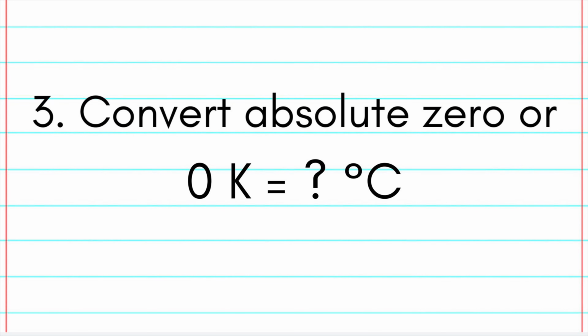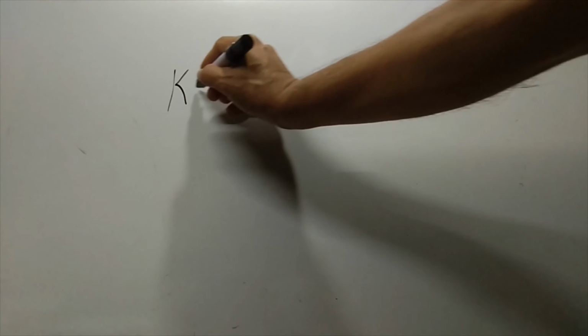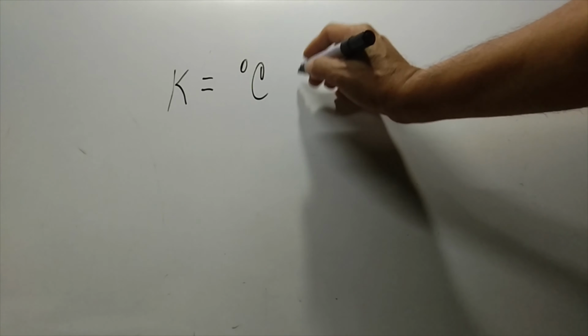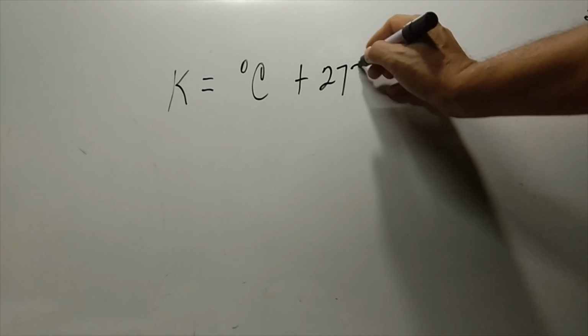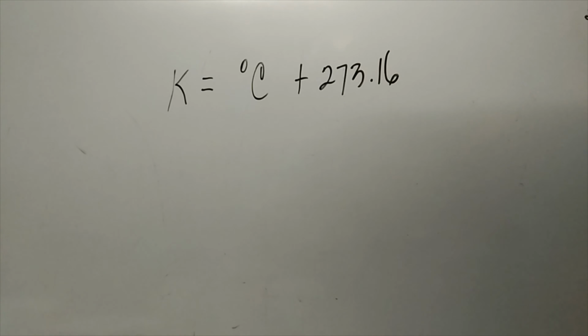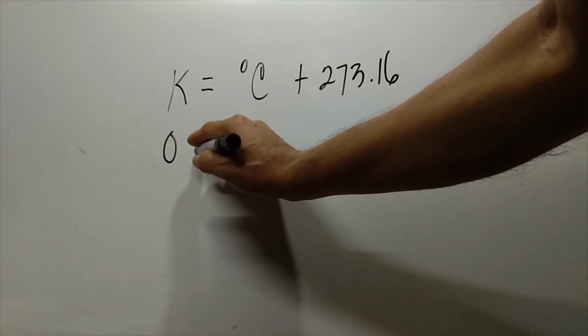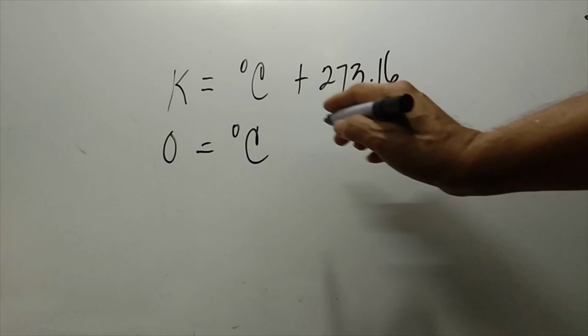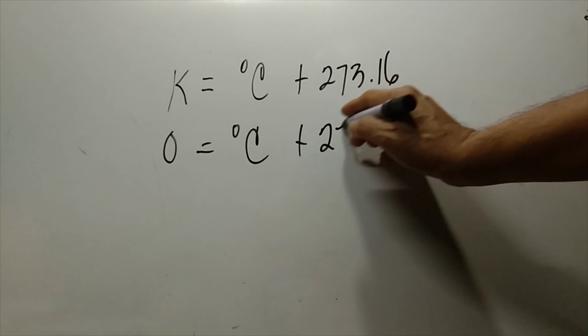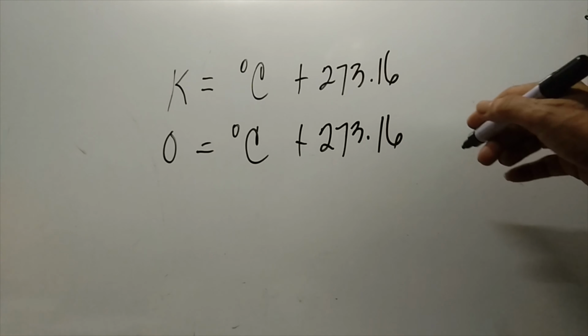To continue, let's proceed to problem number 3. Convert absolute zero or 0 Kelvin to degrees Celsius. To solve the problem, I'll be using the formula Kelvin is equal to degrees Celsius plus 273.16. So again, simple substitution of the value to the formula. So this will now become 0 is equal to degrees Celsius plus 273.16.